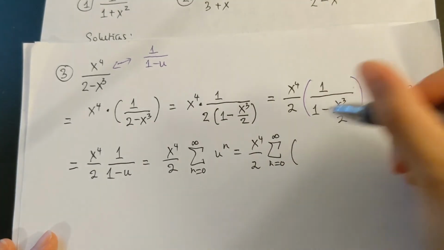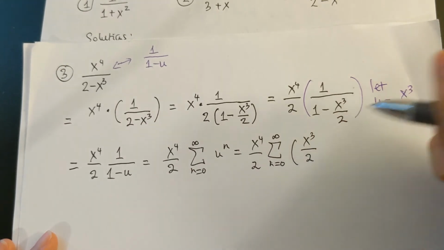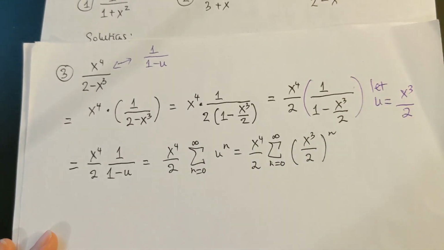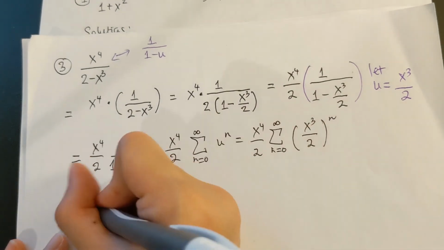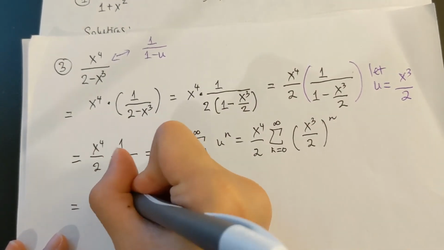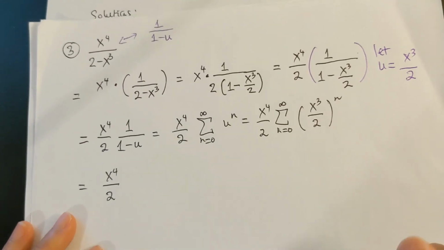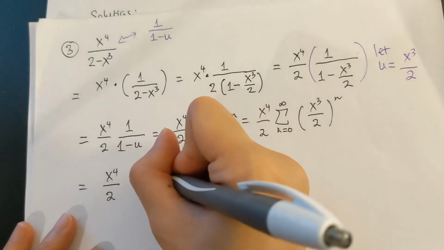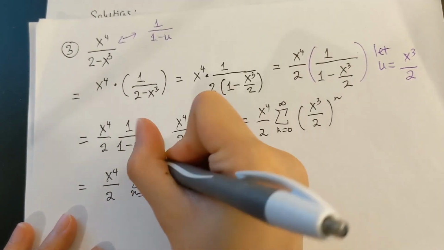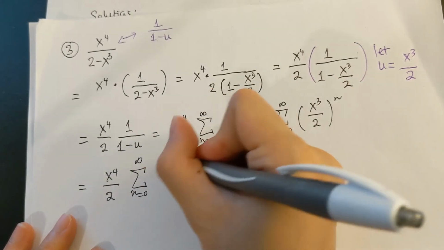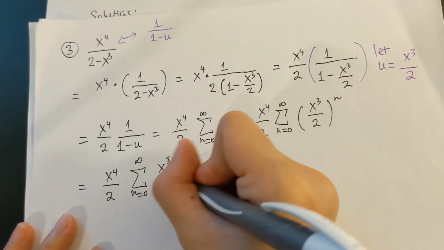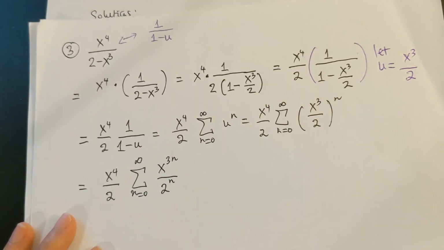So this becomes x cubed over 2 raised to the n. So this is x to the 4th over 2. And then I'll clean things up in this step. So this is x to the 3n and 2 to the n.